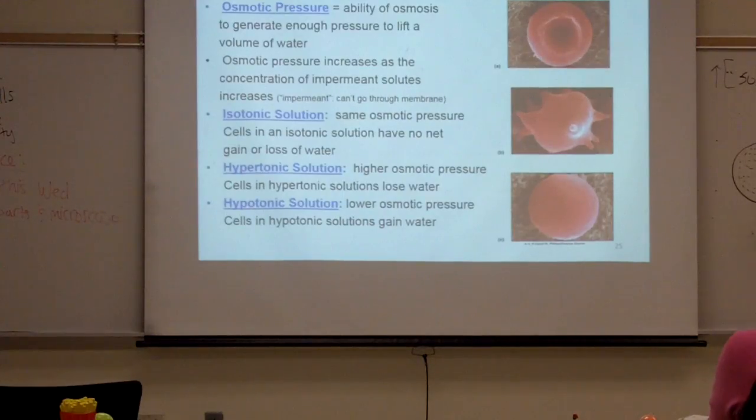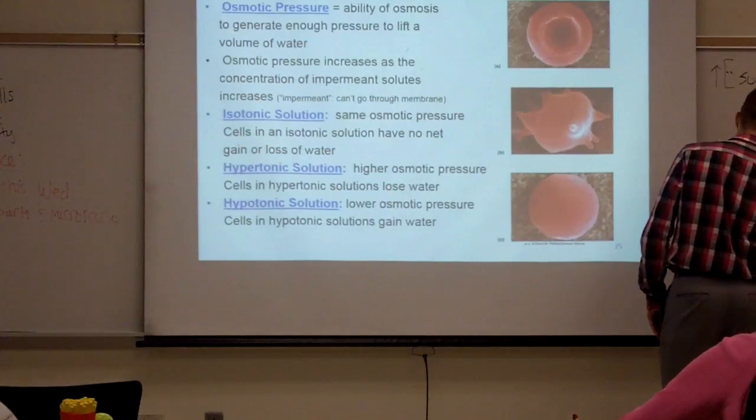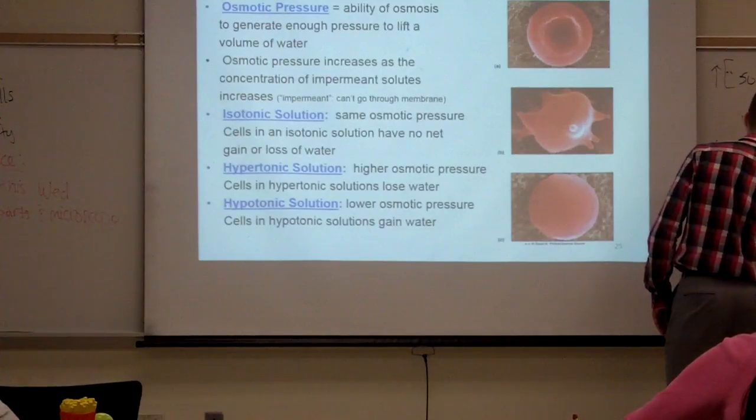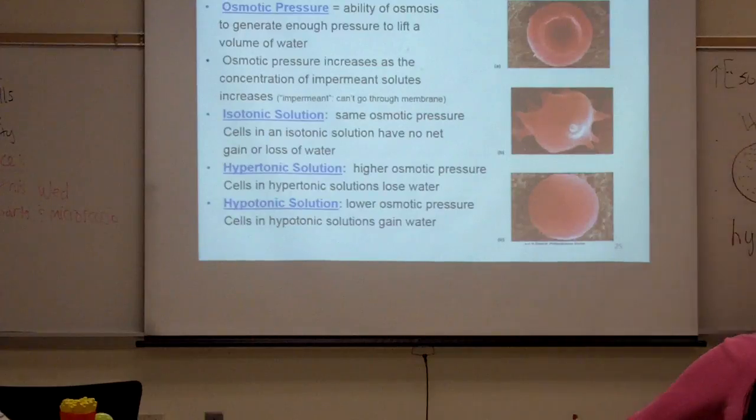Water, in this circumstance, is going to attempt to dilute the high concentration of stuff inside the cell, and it's going to cause that cell to swell. This circumstance is a hypotonic circumstance. So I want you guys to actually draw this picture out, because this doesn't help me, this helps me. Draw this out on your paper, and then we'll talk about it again.